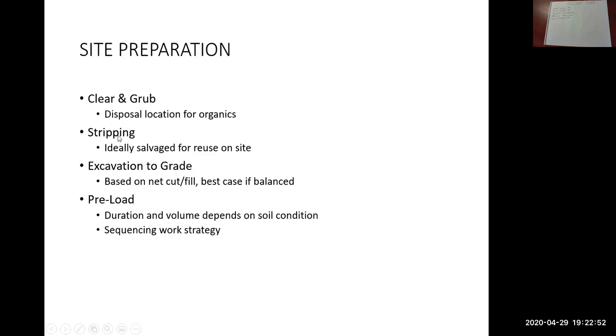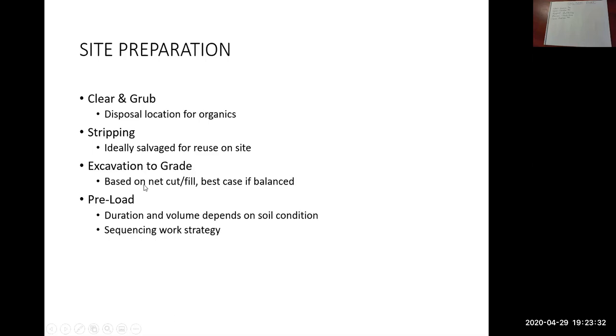That happens regardless, whether you're cutting or filling. So you remove the stripping layer off, and then depending on the design for the road that you're constructing, you would either cut down to the subgrade, or you would fill up to the subgrade. Subgrade meaning the bottom of the subbase gravels. Please make a note of that if you do not know what subgrade is, or grade, as it's also referred to.